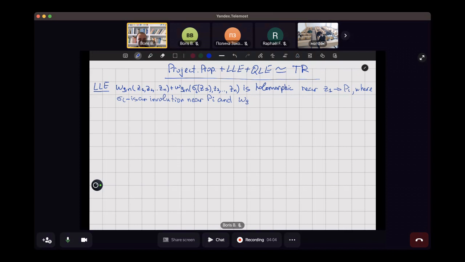And if we are on the other side, I have to state this as a property of the set of differentials omega g,n.